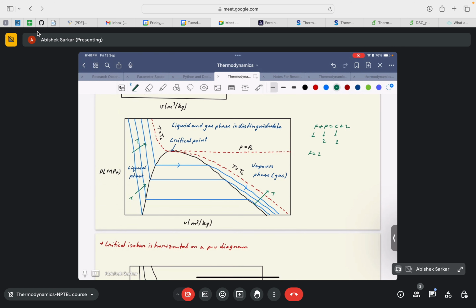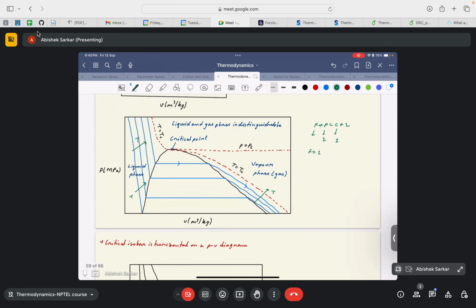F is the degree of freedom, that is, the number of free variables that we require to fix the state of the system. So in the case of phase change, the number of phases will be 2 only within this vapor dome, the liquid vapor dome. So the number of phases is 2 in this liquid vapor dome. So if we fix that, say it is a pressure versus volume plot.